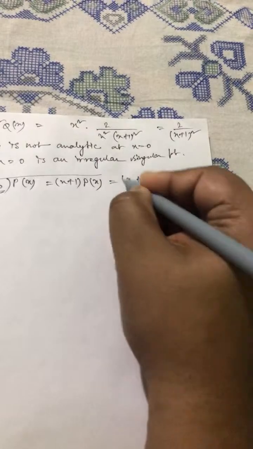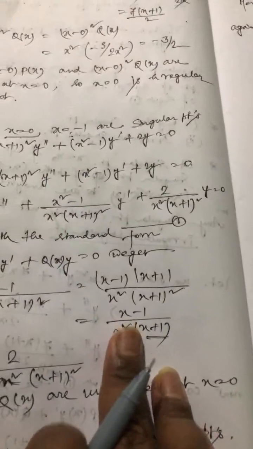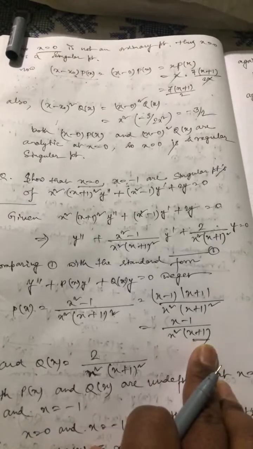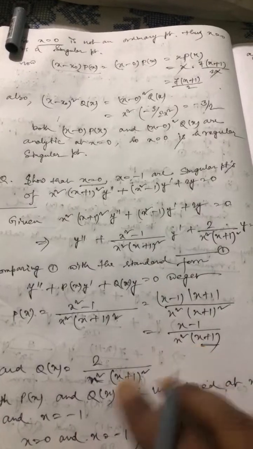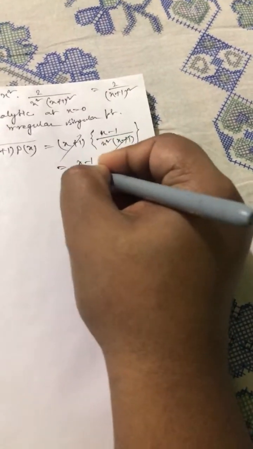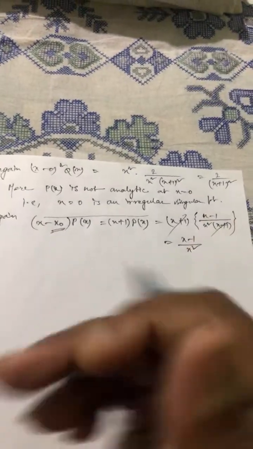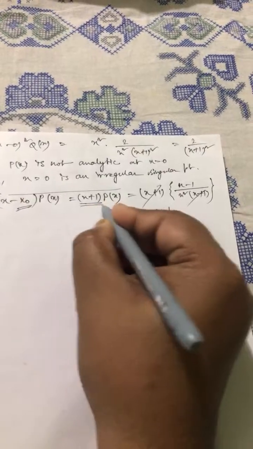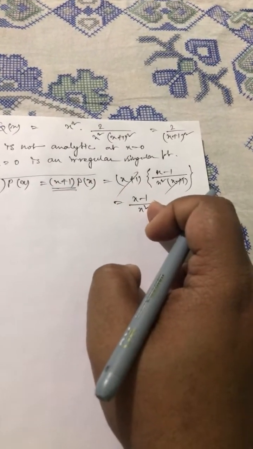That means x plus 1 into x minus 1 divided by x square into x plus 1. So this part will be cancelled, and ultimately we have obtained this expression. What does it mean? If you put x equals to minus 1, we can easily understand the function is well defined.